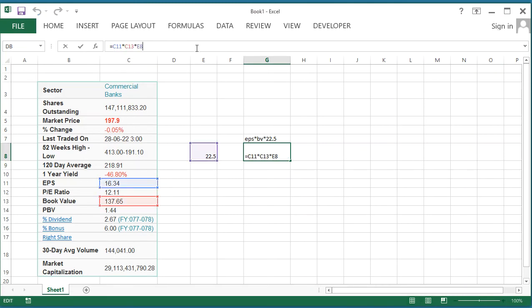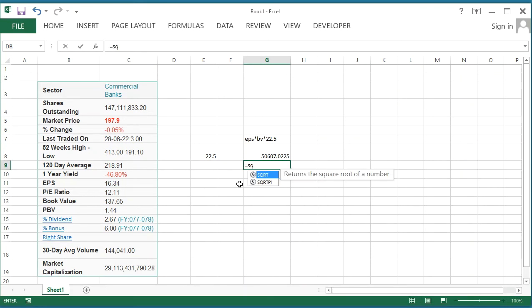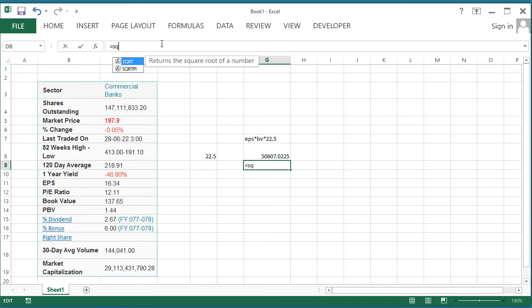So you can see the formula over here: EPS, book value, and 22.5. So over here I'm going to write square root of this number, and I'm going to hit enter.